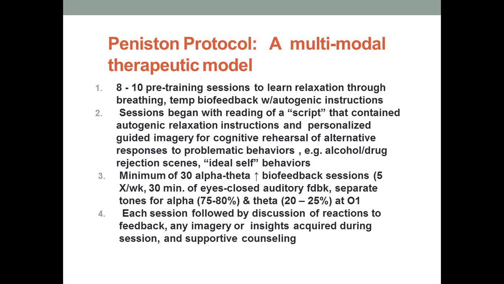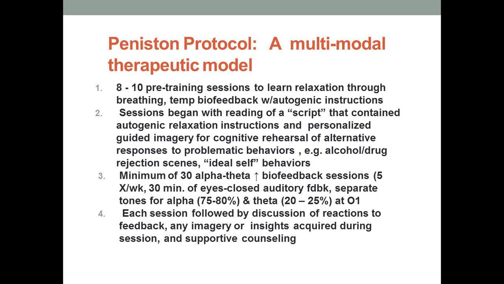What I see a lot of times with substance disorders, drug abusers, is that the alpha you see at PZ will be slowed alpha, usually 7 to 8 hertz, maybe 9, instead of a more healthy alpha that's a little faster. But like I said, I'm a traditionalist.